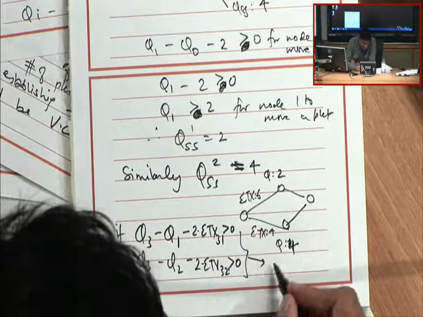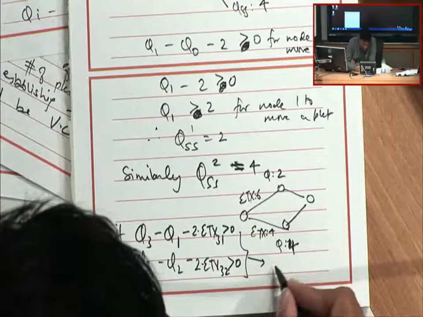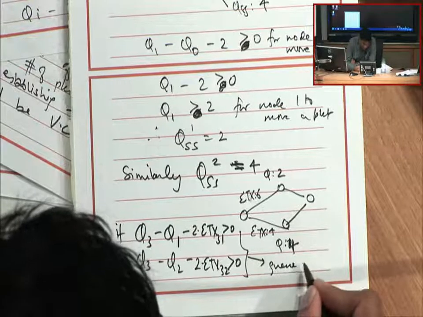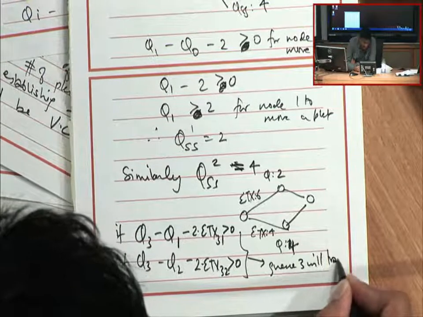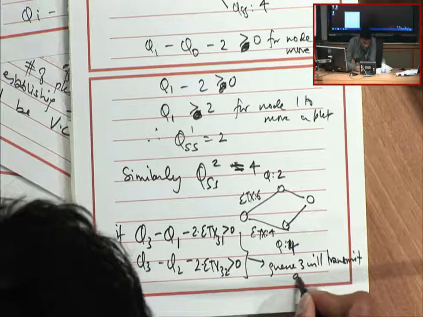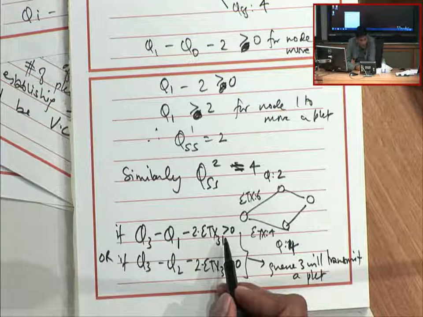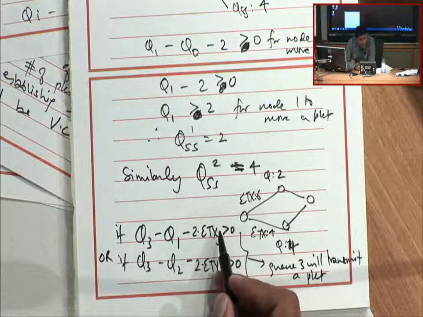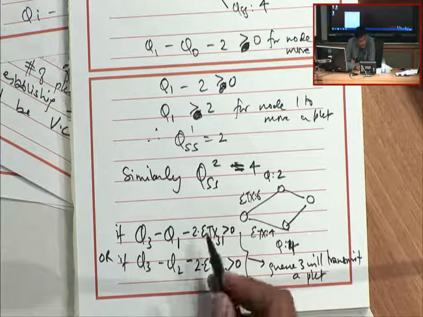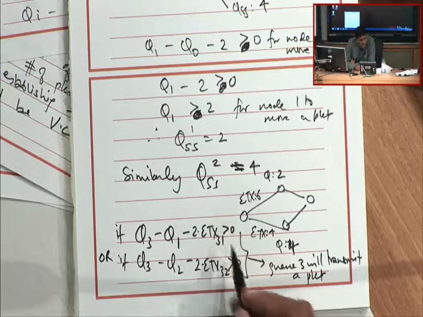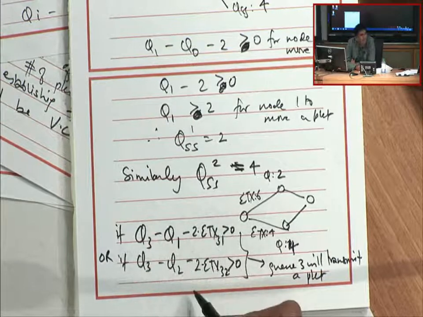In either of these two cases, Q3 will transmit a packet. If one is true and the other is not, it would send a packet to the one that is true, and vice versa. If they're both true, it will send a packet to whichever one has a higher weight.